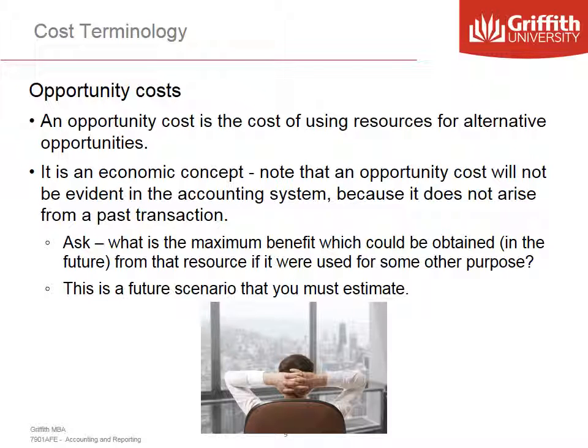And so if I use it for opportunity A, then I lose, or I have an opportunity cost, which is the benefit that I would have got from opportunity B. It's a little bit convoluted, but we need to think about it, and it's quite simple in one sense. It says we can't do both. And so if I do one, then I don't get the benefit of doing the other. And that's the best way to think about it. So this is a future scenario. The only way you'll get an answer to what is that cost is by estimating it.